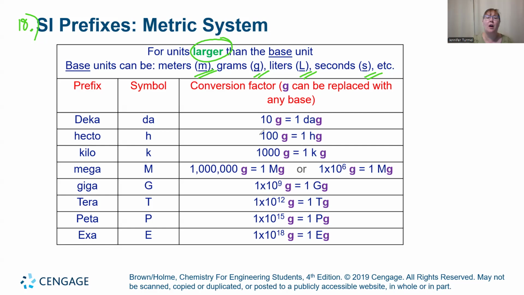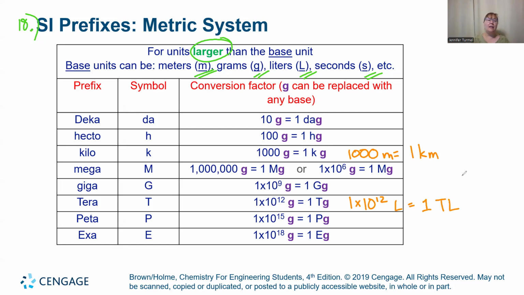Right here, we have 100 grams in a hectogram, 1,000 grams in a kilogram. You might also say that there are 1,000 meters in 1 kilometer, that there are 1 times 10 to the 12th liters in 1 teraliter.